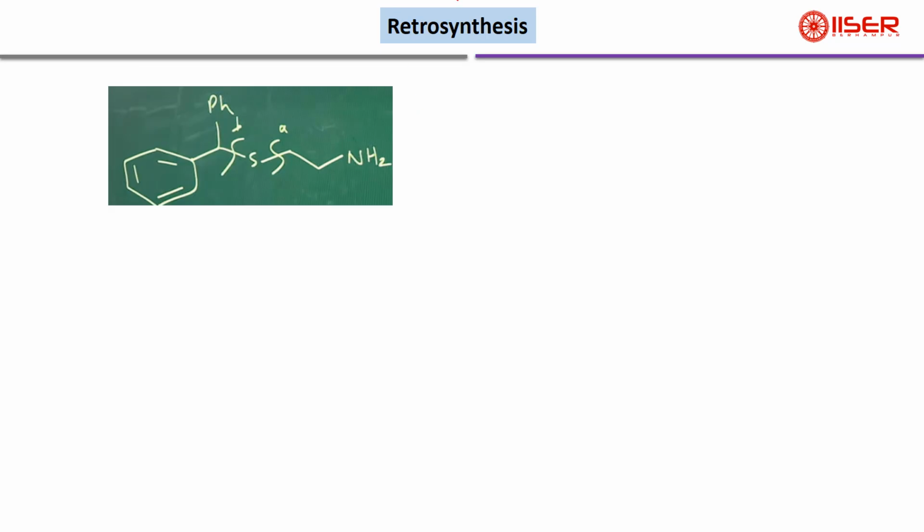How will you plan the retrosynthesis of this molecule? So there are two possibilities, you can break this bond or you can break this bond. I am just drawing the possibility of A. Suppose you are breaking the bond from here.